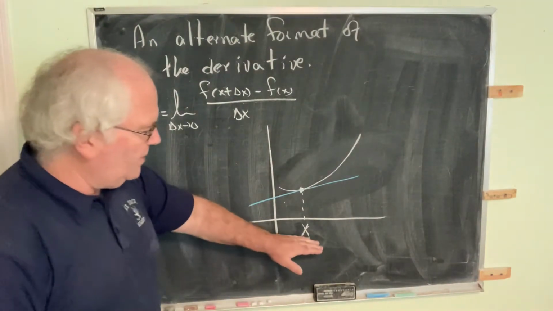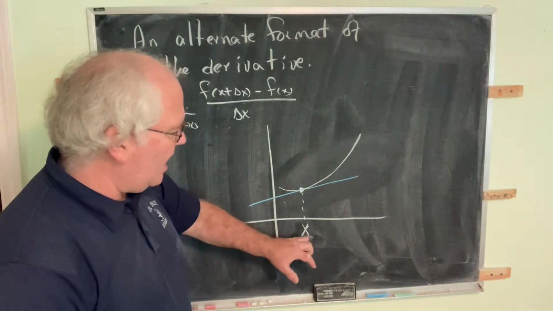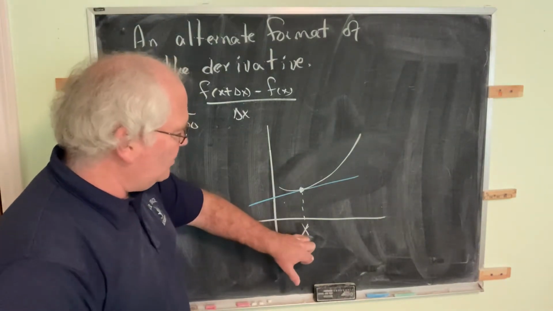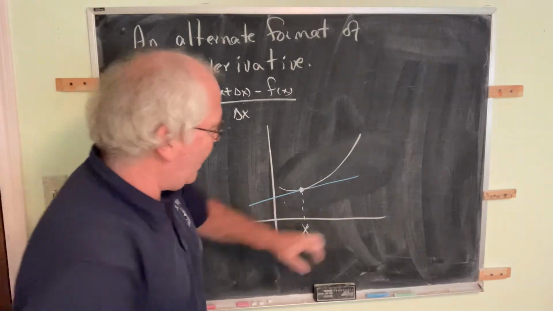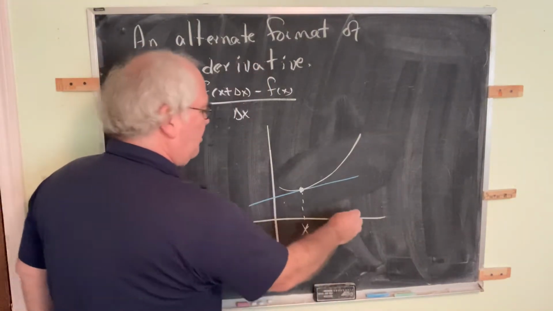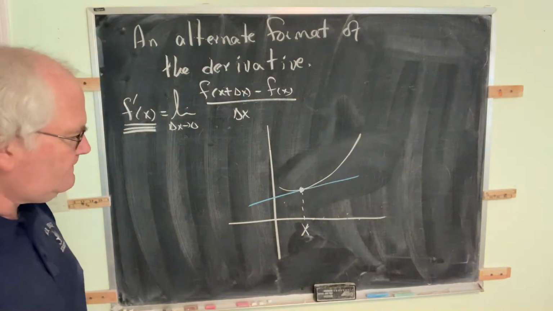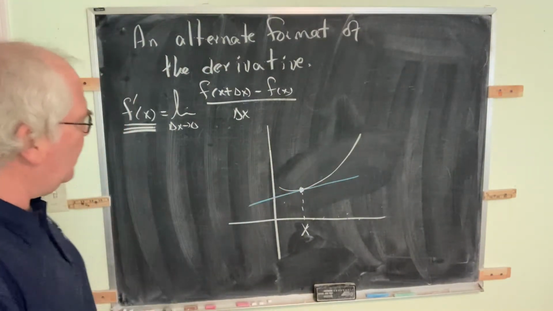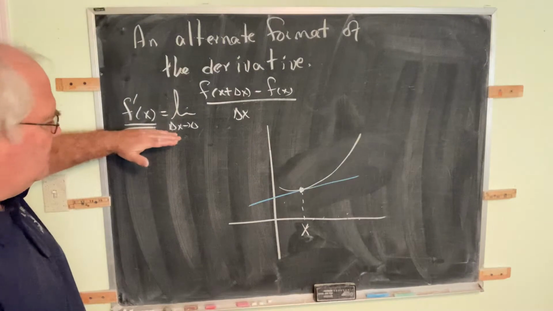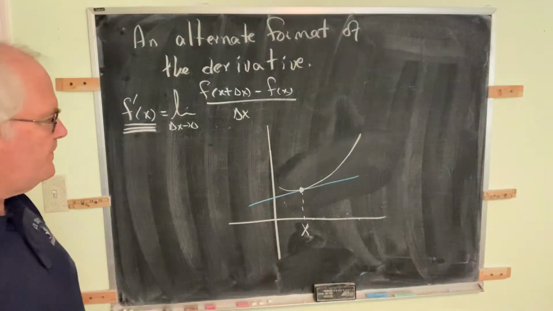And that's one of the reasons we express this as a generic value, because there's nothing magic about this point. We could be finding the derivative at this point, or this point, or this point, or any point in the domain of this function, potentially. And so that comes into play when we're trying to find the derivative in a generic sense.